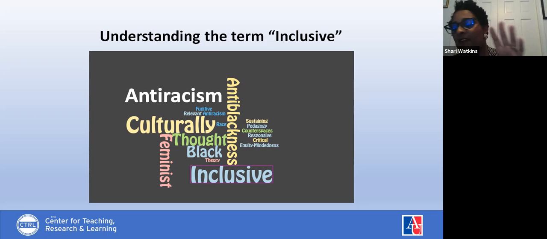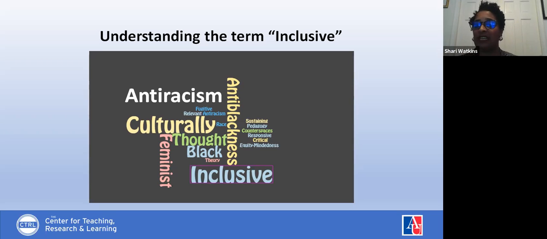There are various frameworks and perspectives used in the scholarship to achieve inclusive classrooms in K through 12 and in higher education. This word map highlights some of the various perspectives, and many of them, I would say, are critical perspectives.